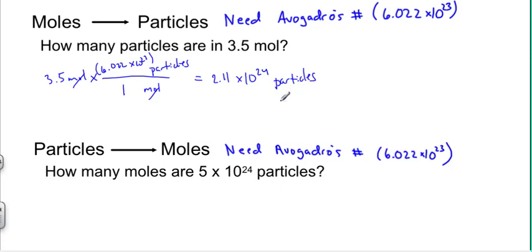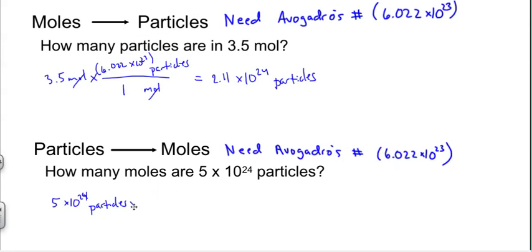And I can do the same thing going from particles to moles. And so if I have 5 times 10 to the 24th particles, and again I'm going to need Avogadro's number to do this.